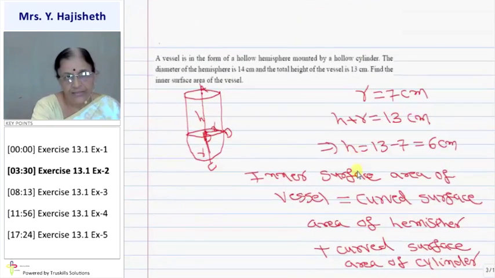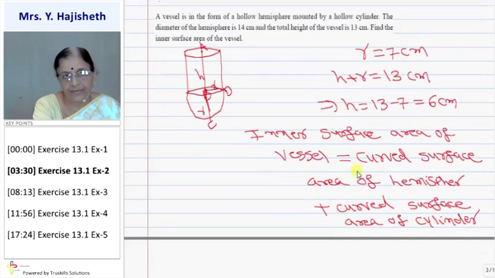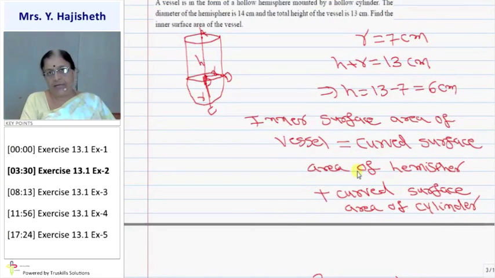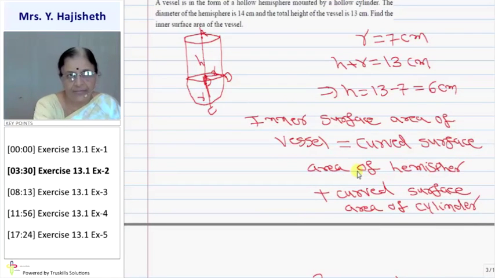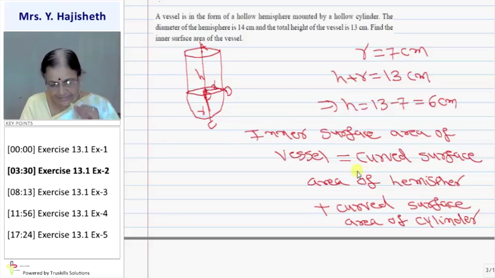Now second sum. A vessel is in the form of a hollow hemisphere mounted by a hollow cylinder. The diameter of the hemisphere is 14 centimeter and the total height of the vessel is 13 centimeter.